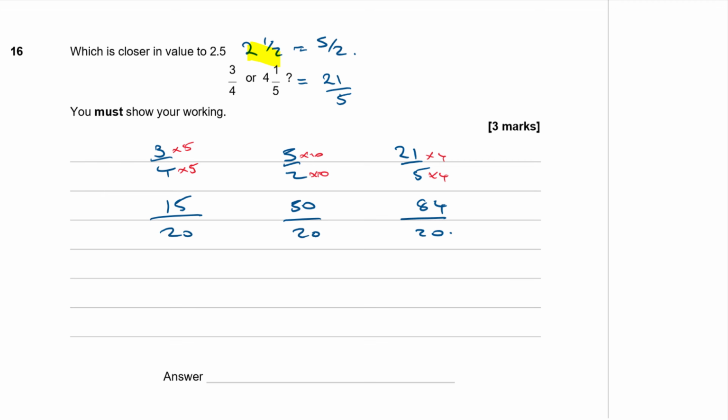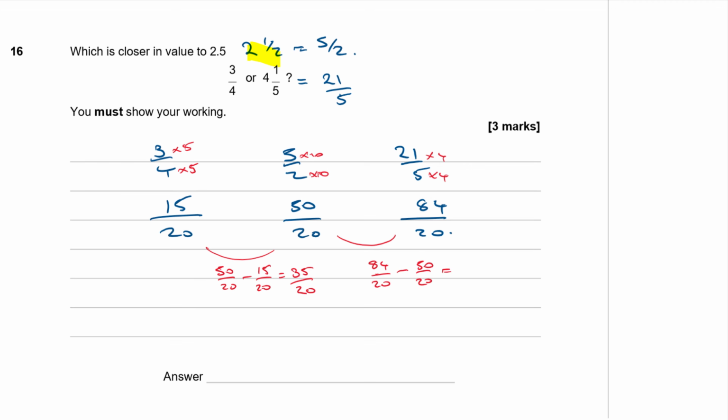Okay, so now because they're all in the same denominator, it's much easier to work out the gaps between these numbers, isn't it? So how far is the gap between there and there? Well, if I do 50/20 take away 15/20, that's going to tell me the gap. That's 35/20. Now what about the other one? What's the gap between 84/20 and 50/20?